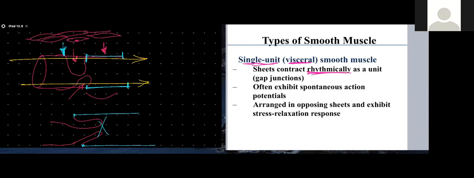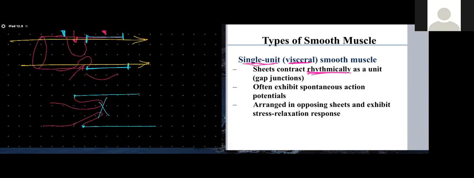I have a certain rhythm. I have a wave of contraction. And this wave won't be created unless you're conducting the signal to every single muscle cell. So they act as one unit for you to not have a problem.